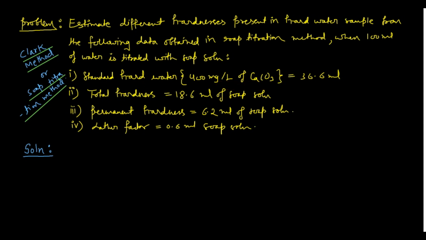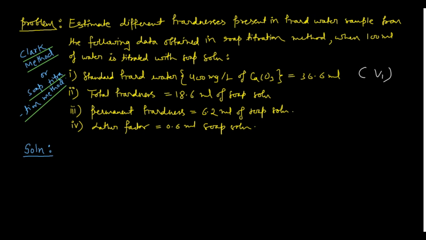When you titrate this standard hard water against the soap solution, 36.6 ml of soap solution is required, and this is the process of standardization. When we do the standardization, this volume corresponds to V1 ml.